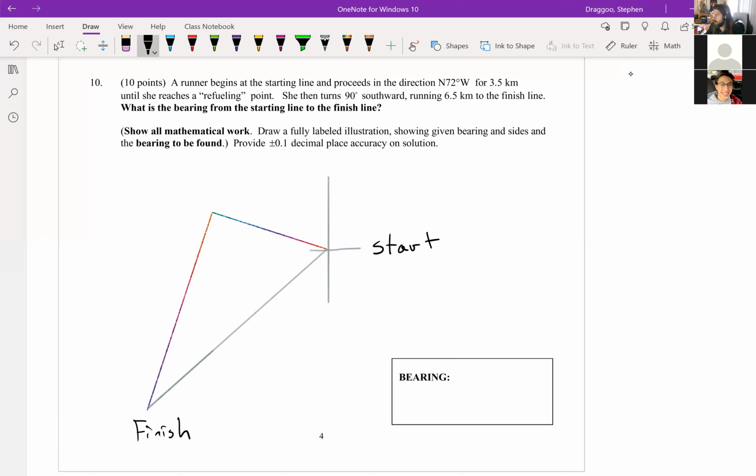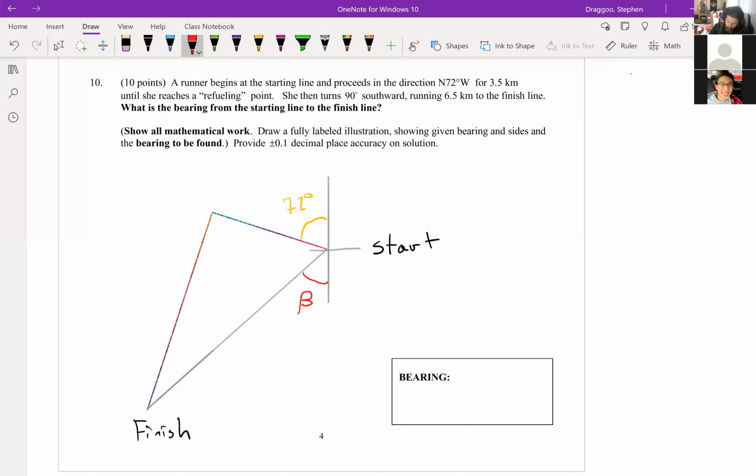So if we put what we know into this diagram, we started off at a bearing that was 72 degrees west of north. So this angle is 72 degrees. In the end, we're interested in the bearing from the starting line to the finish line, meaning we're after this angle beta right there.